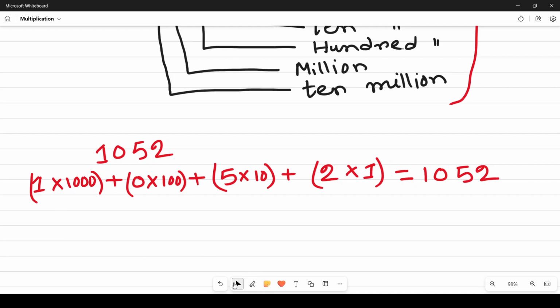Now what happens when we multiply two numbers, and how do we multiply two numbers with the easy split system?